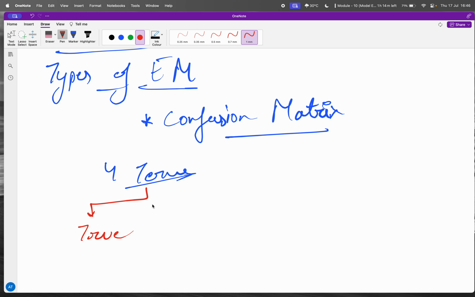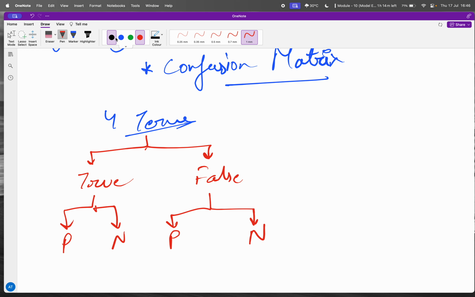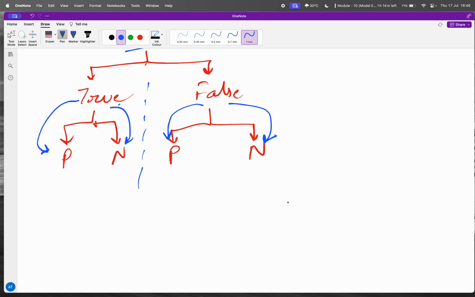One is true, another is false. Now in this, there is another thing, that is positive and negative. Positive, negative, right? So we can classify it as true positive, true negative, false positive, and false negative. Okay, right.